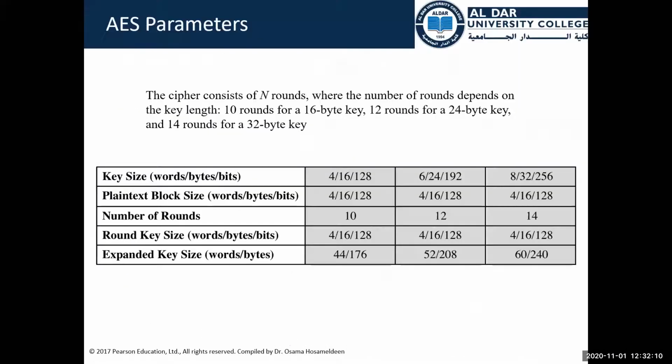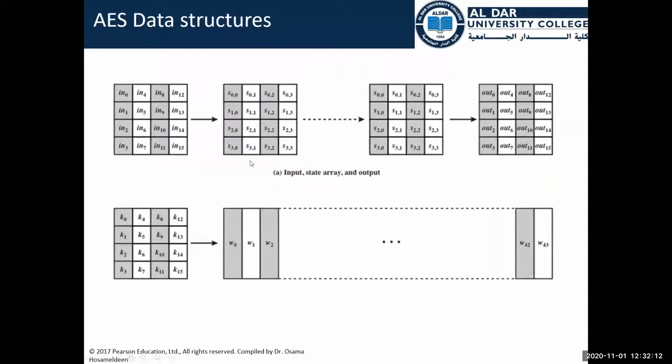Maybe it's the second or third. Yes, this one. So we have here the input key, and we have it word by word. We have 44 words here, and each one of the 44 words is added to one column of the input data.